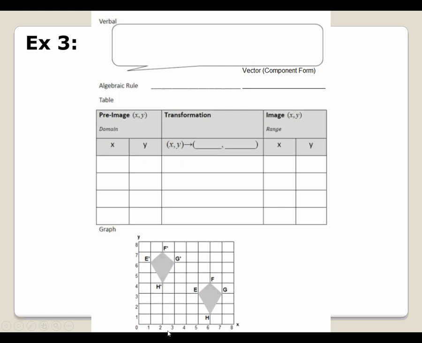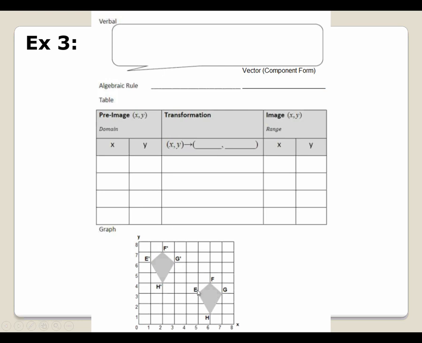So, how could I possibly use the graph to fill in some of this information? Since I already have the graphs of the pre-image, which I know is the pre-image because it doesn't have the little primes, and the image, which I know is the image because it has little primes, I can actually come up with the points, which would be a great start.